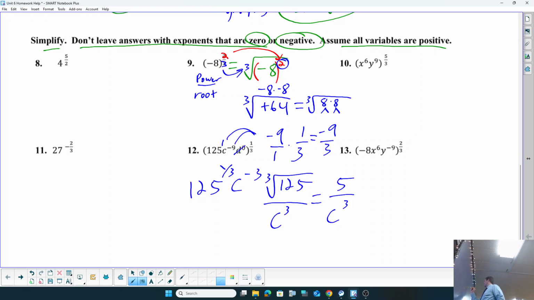That breaks down into 4 times 2 times 2 times 4. And then the 2 and the 2 become a 4. So we have triplets. And so the cube root of 64 is just 4 as our answer. So number 9, the answer is just 4.